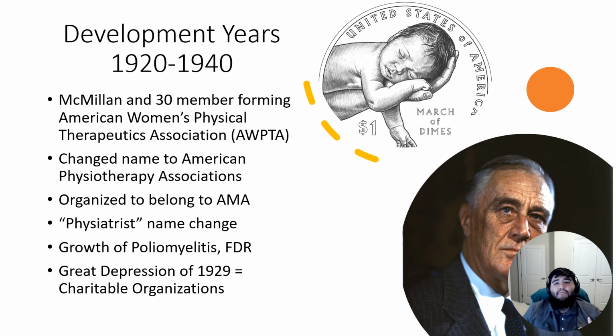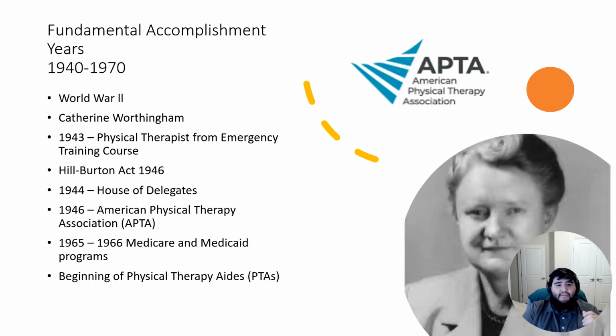This also helped PTs develop an education financially, and they were able to give PTs jobs, the jobs they had before the Great Depression. So that's what happened in between these years.